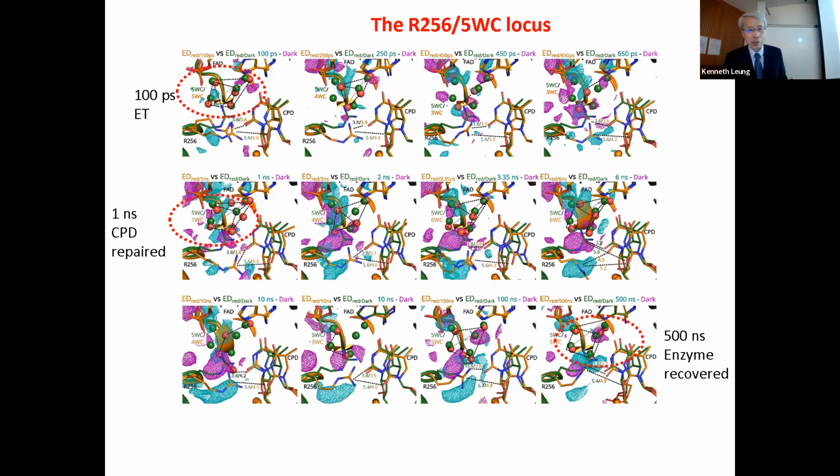And chemistry is complete in 1 nanosecond. But at this time, the enzyme is not recovered yet. The active site moves. I mean, the residues moved, or the water is disorganized. And then between 1 nanosecond and 500 nanoseconds, the enzyme recovers.